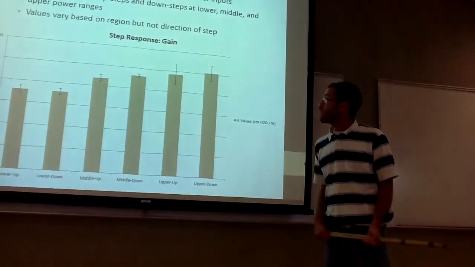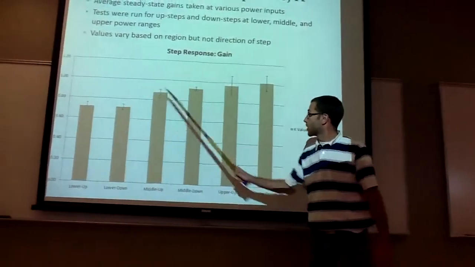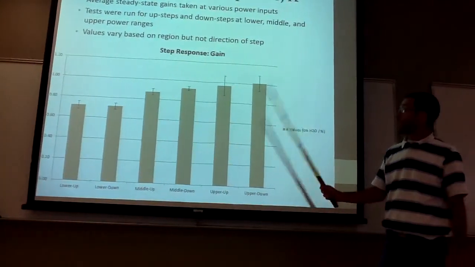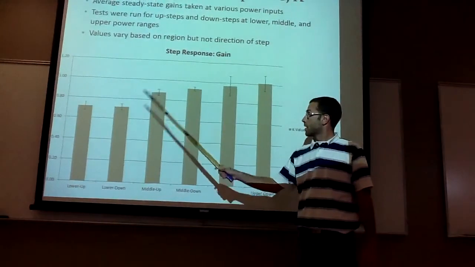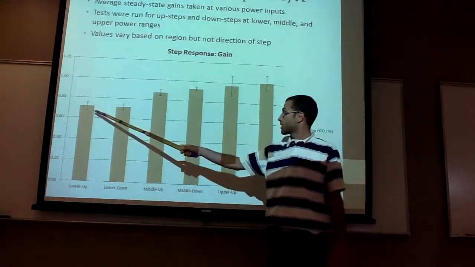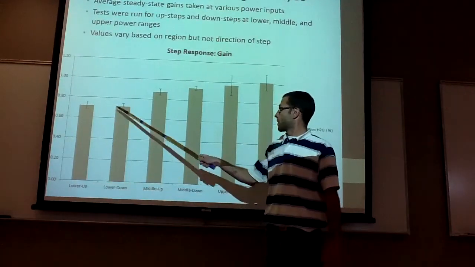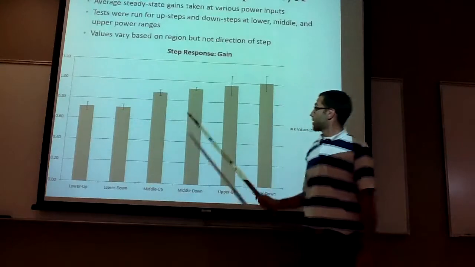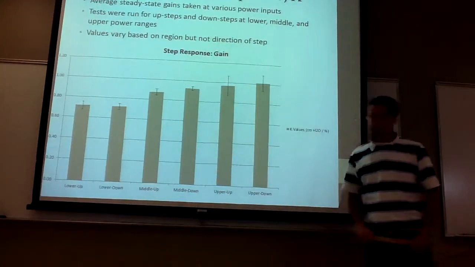The values vary based more on region. In other words, from lower to middle to upper, they vary, but not so much based on the direction of the step, which you can see is shown by this graph, in that lower up and lower down are about the same gain, same for middle, same for upper, but they do increase as you go up in power.